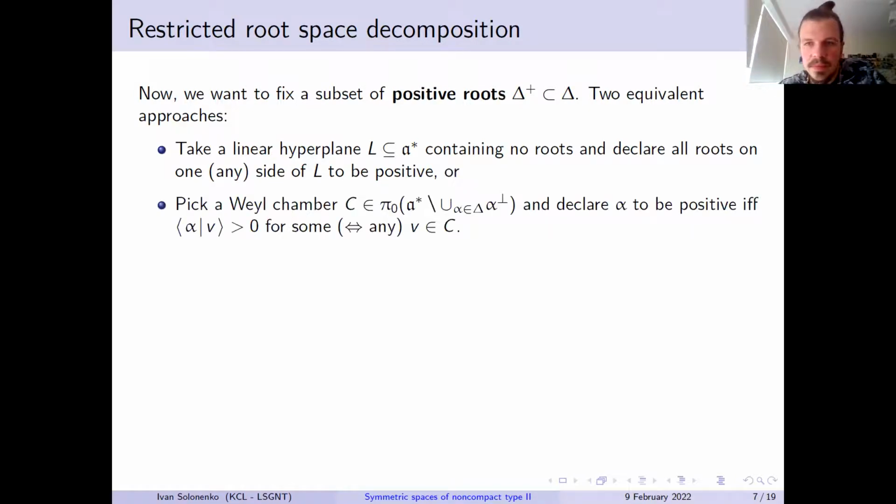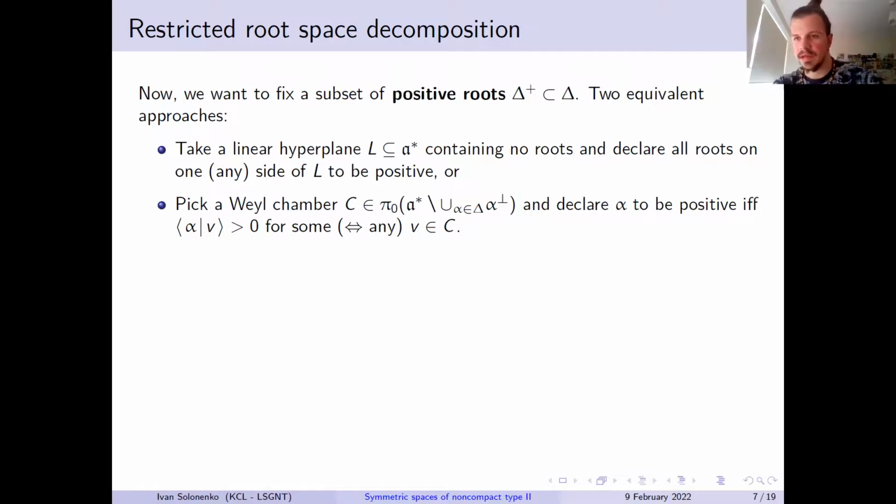Alternatively, and slightly more sophisticatedly, you pick a Weyl chamber, which is you take A star, you take all possible hyperplanes, which are orthogonal complements of the roots. You remove all these finitely many hyperplanes. The remaining part will be some open dense subset of A star, consisting of several connected components.